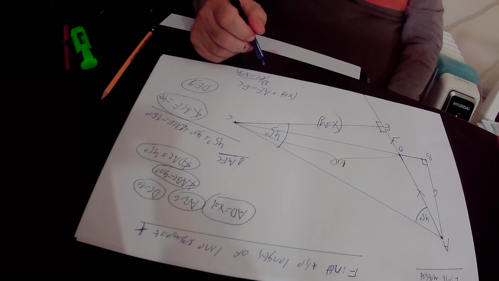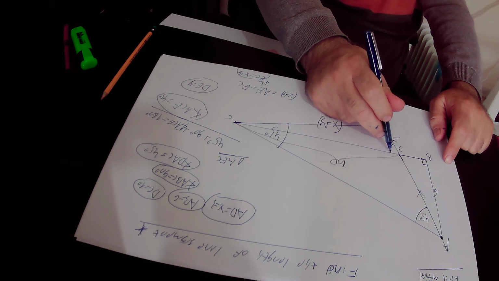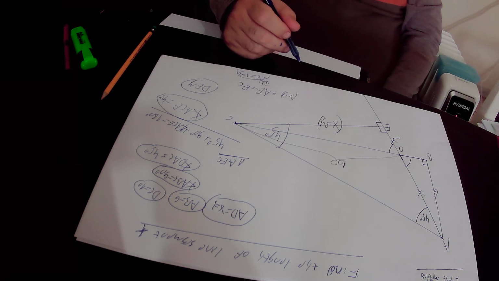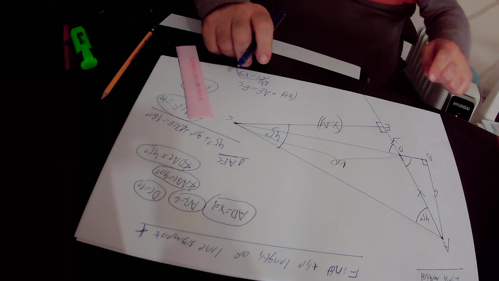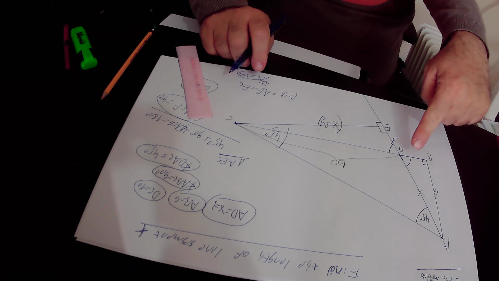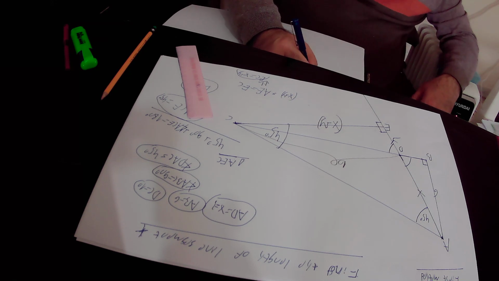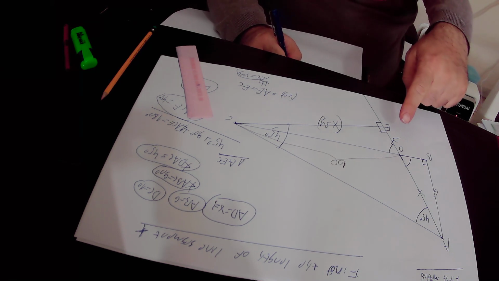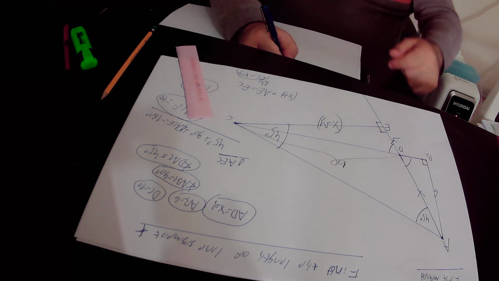Here, those two angles are vertex angles, and we know that vertex angles are equal to each other. So we can write down that this angle, angle BDA, is equal to this angle, angle EDC.